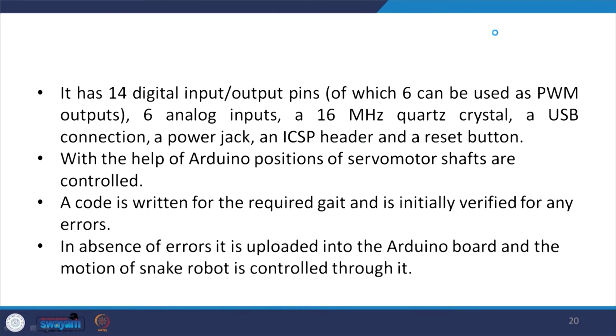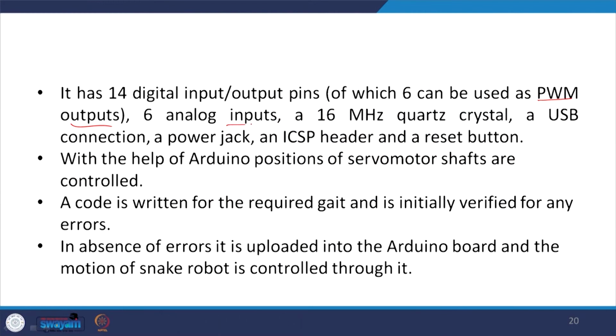It has 14 digital input/output pins, out of which 6 can be used as PWM output, 6 analog inputs, a 16 megahertz quartz crystal, a USB connection, a power jack, an ICSP header and a reset button.